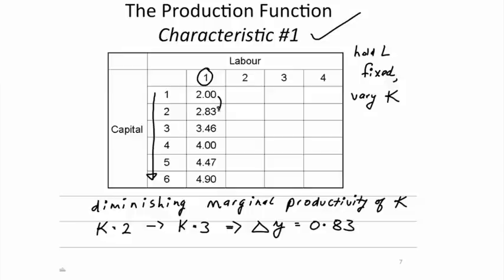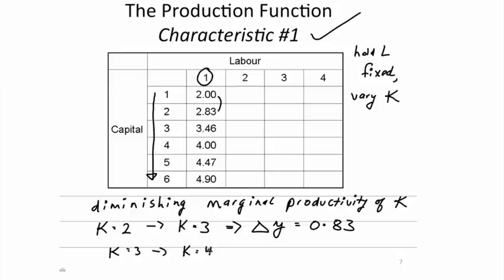You can see that from here. So we've increased capital and we've gotten some more output. In fact, we've gotten 0.83 extra output.